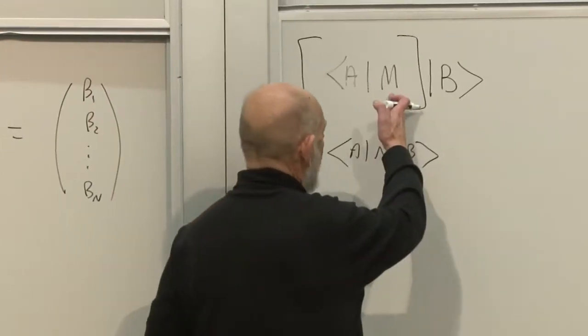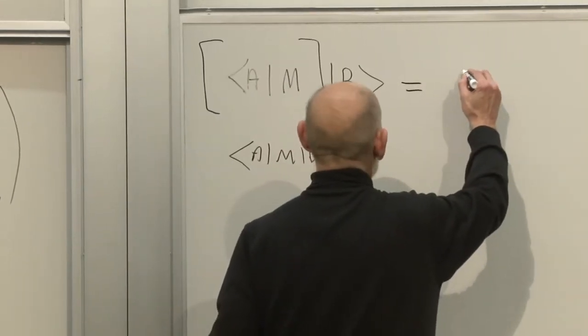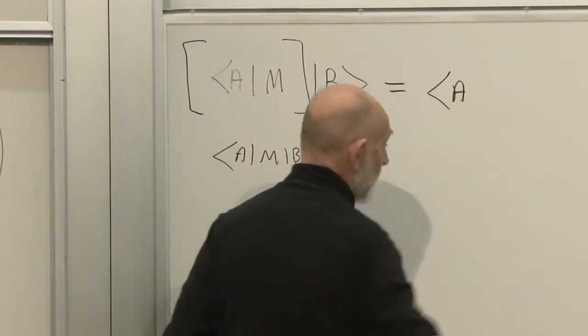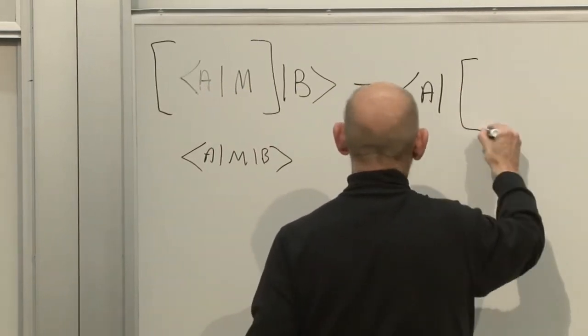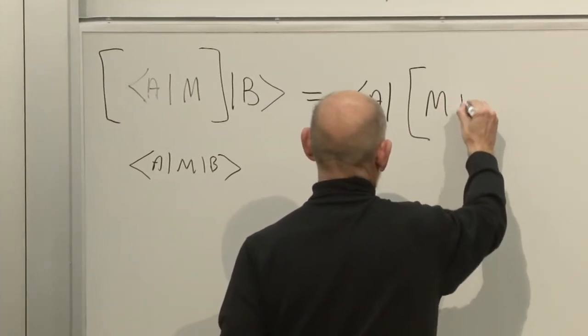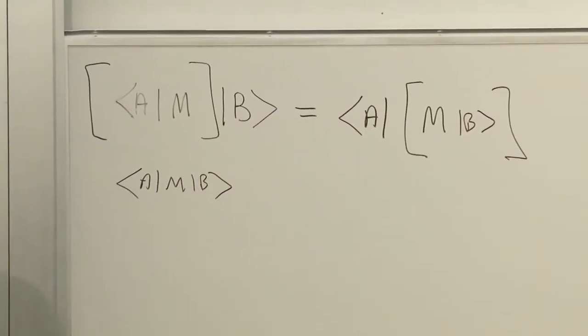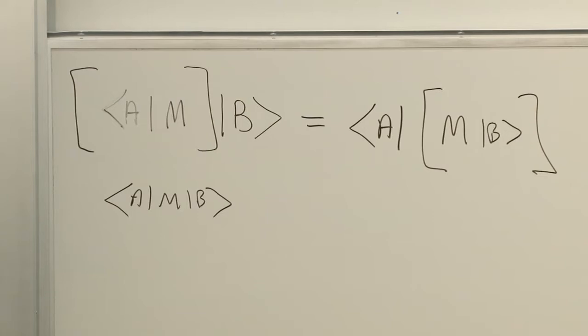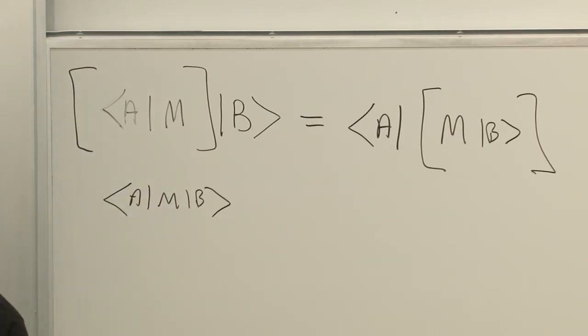In other words, we define the action of M on A to the left such that, and I'll show you that we can always do this, it doesn't matter which way we do it. A, M, B is the same either way, so you can remove the brackets.